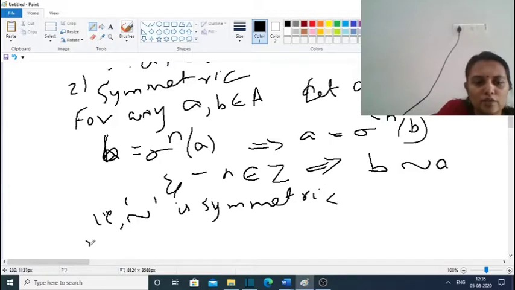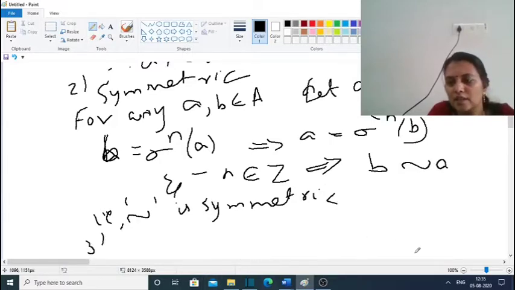Now we have to show that the relation is transitive.